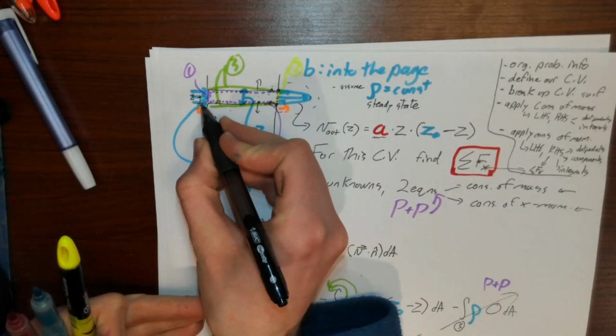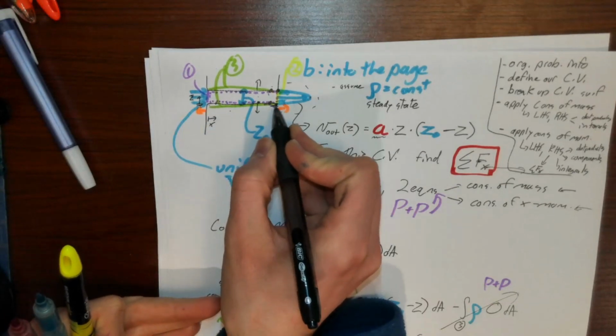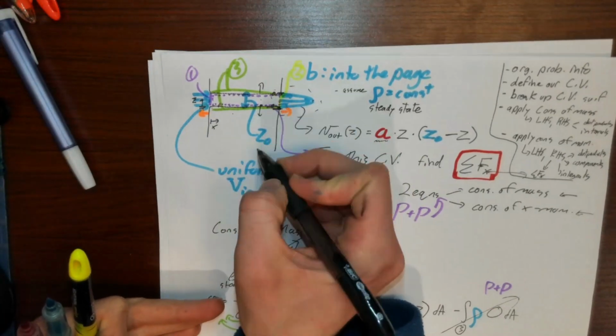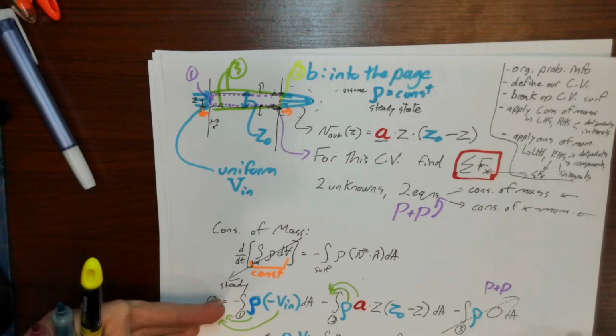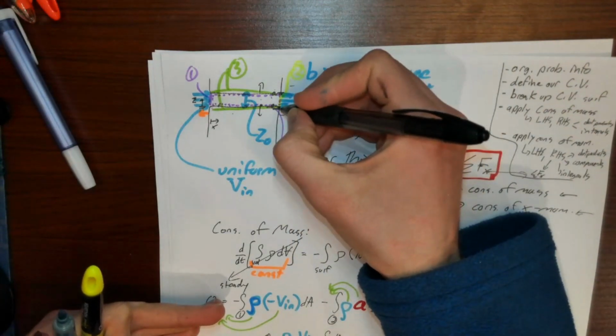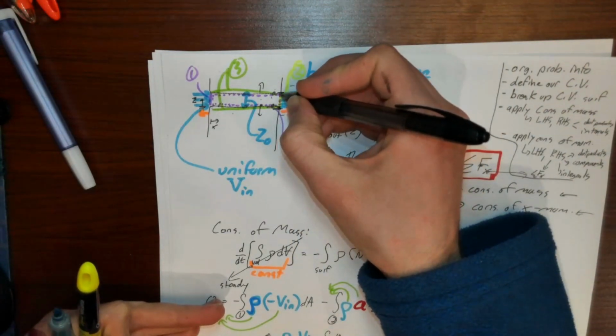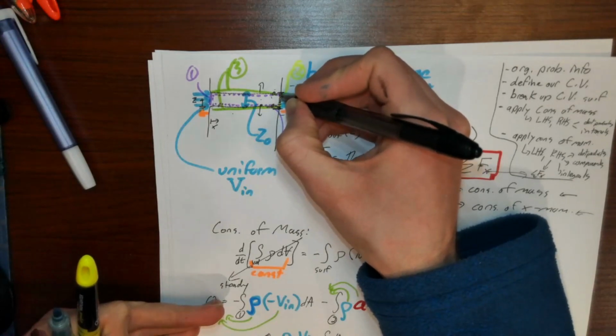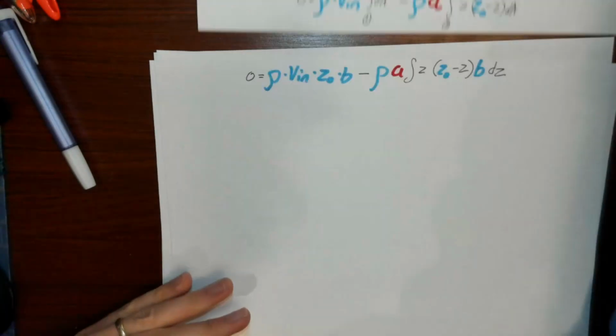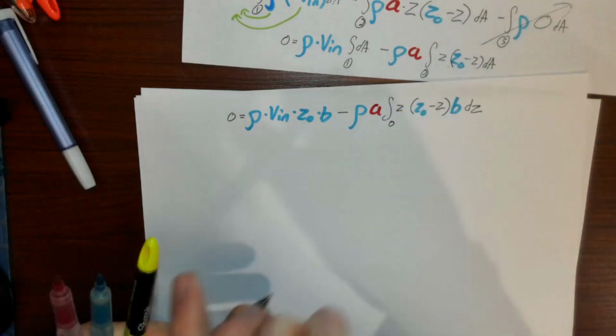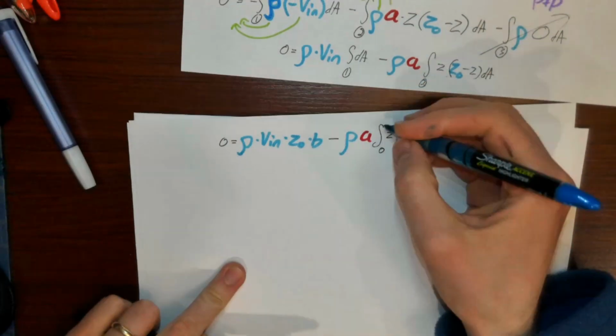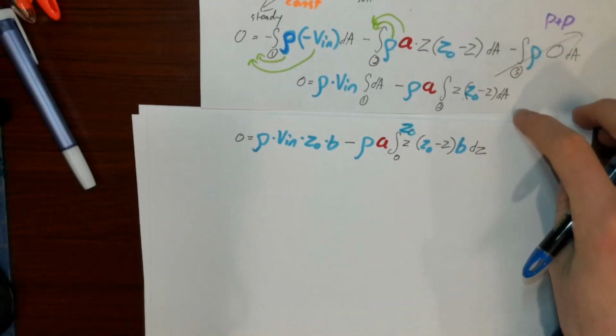When we defined z, this bottom point is z equals 0 and this top point is z equals z naught. Those are the limits of integration when we integrate with respect to z to add up the outputs of all of those little slices. So we're integrating from z equals 0 to z equals our known z naught.